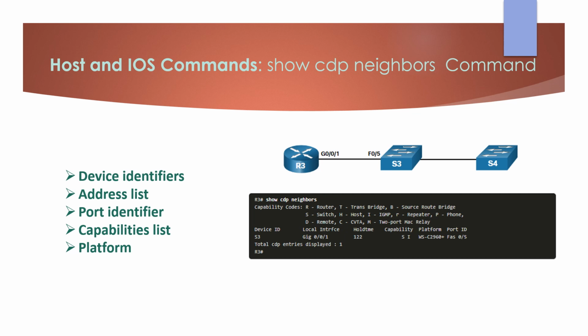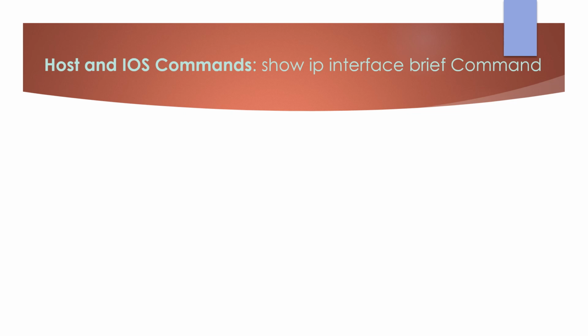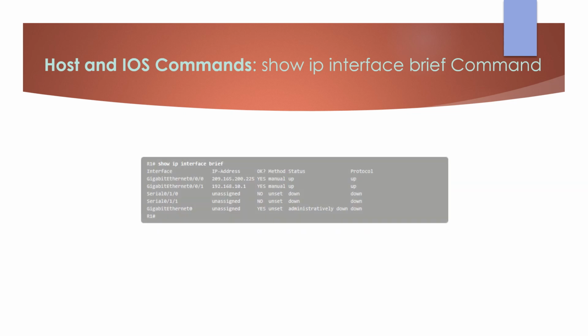One of the most frequently used commands is the show ip interface brief command. This command provides a more abbreviated output than the show ip interface command. It provides a summary of the key information of all the network interfaces on a router. Let's have this example.